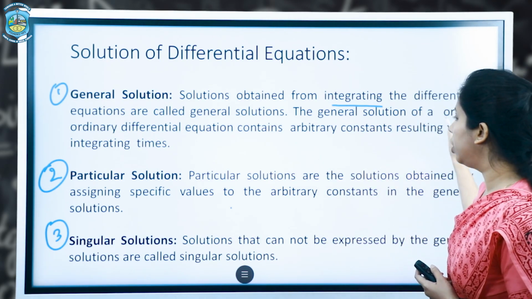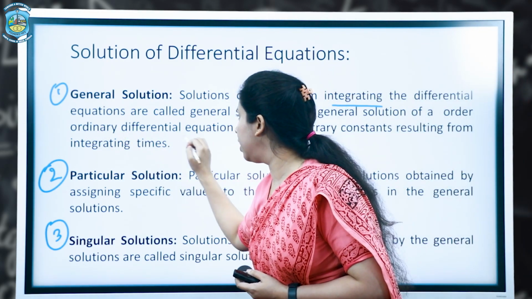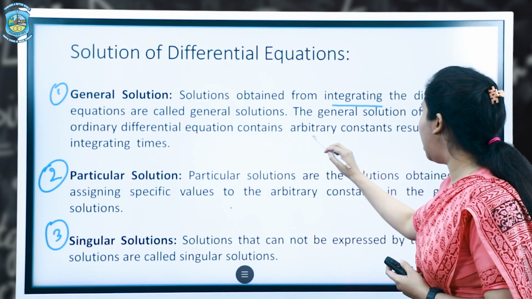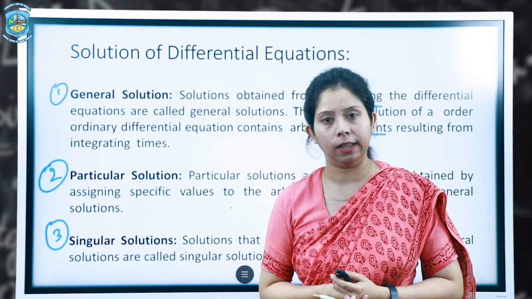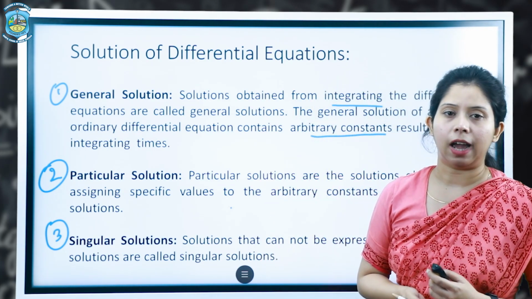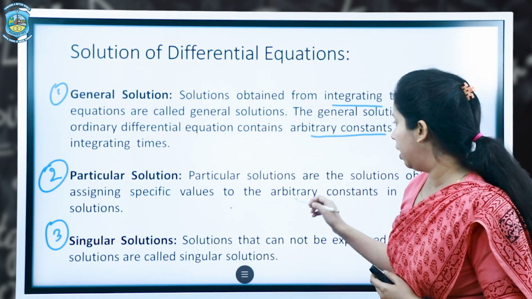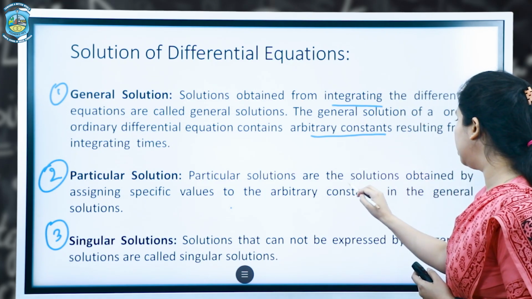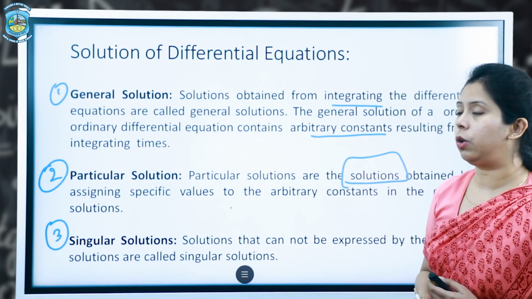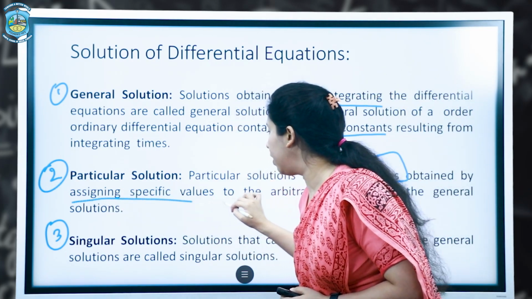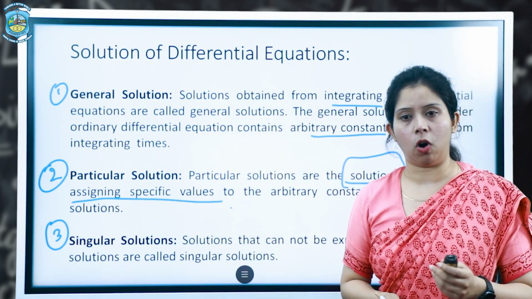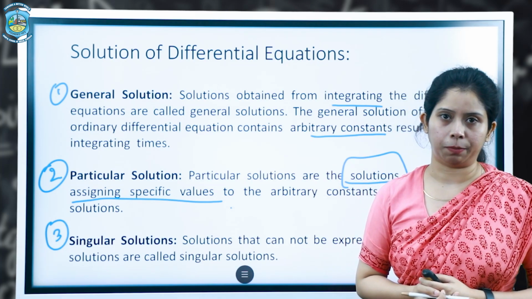The general solution of an ordinary differential equation contains arbitrary constants resulting from integration. Whereas particular solutions are those solutions that are obtained by assigning specific values to the arbitrary constants in the general solution.